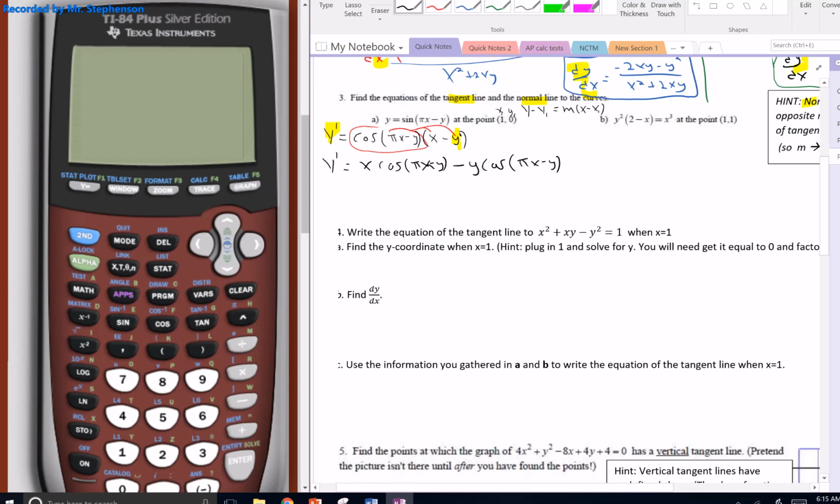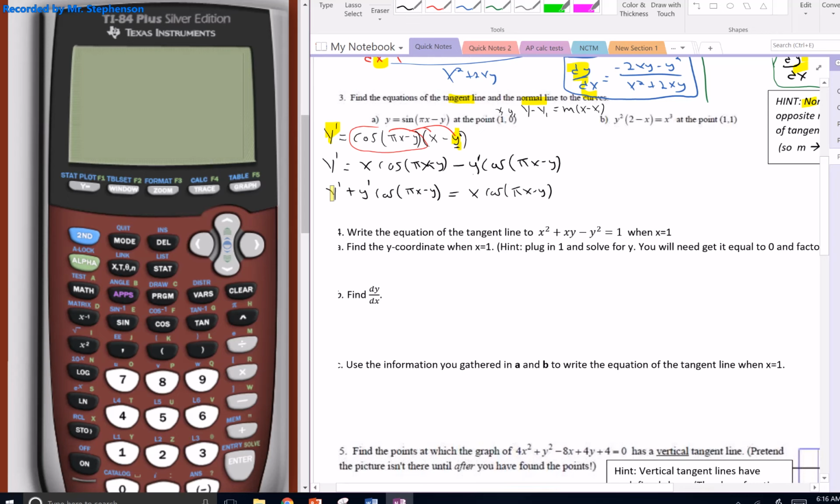This is y prime, right? Y prime, that's this guy. And now we want to get all the y primes on one side, so we're going to move this over by adding it to both sides. So what that looks like now is going to be y' + y' cos(πx − y) = x cos(πx − y).